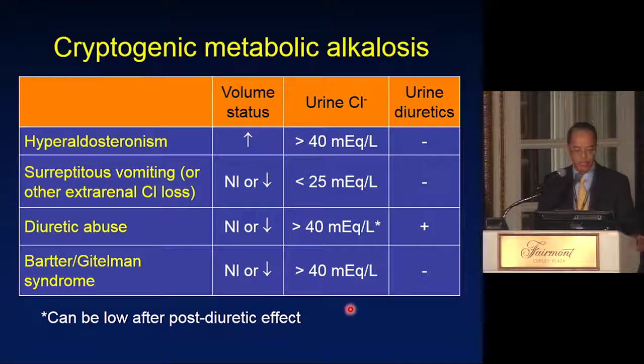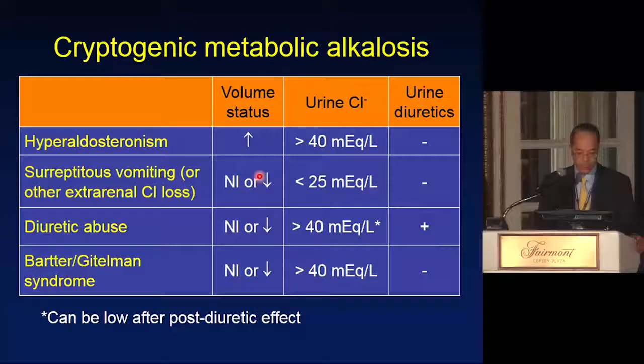Here are the 4 major causes of hypokalemic metabolic alkalosis that you're likely to have to figure out and distinguish between when there isn't an obvious cause that's recognized: undiagnosed hyperaldosteronism of some form, surreptitious vomiting, surreptitious diuretic abuse, or a patient with undiagnosed Bartter's or Gitelman's. Hyperaldosteronism is easy. Those patients are usually hypertensive.